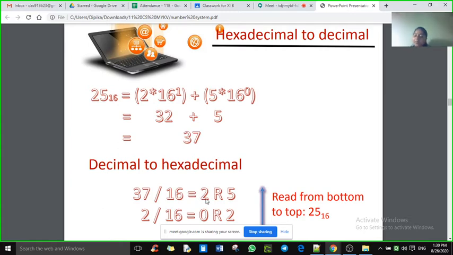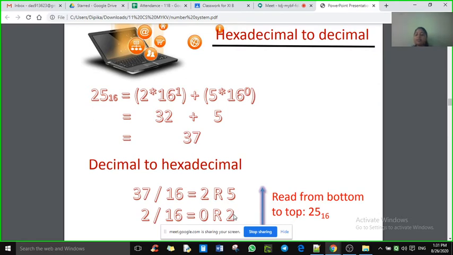16 twos are? Ma'am, 32. Yes, so what is the remainder? Ma'am, 5. 5, correct. So you will keep the remainder here and take the 2 again. You will divide it by 16. So what will be the result? 0.